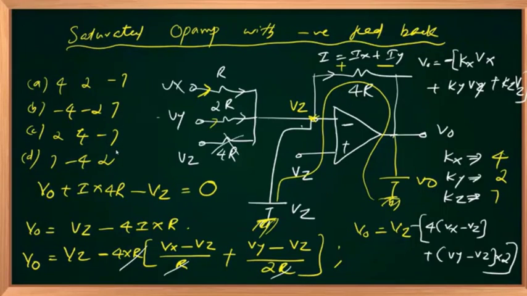And if the output is expressed like this, you can go for 4, 2, minus 7. Oh, sorry, minus 4, minus 2, 7. So minus 4, minus 2, 7.